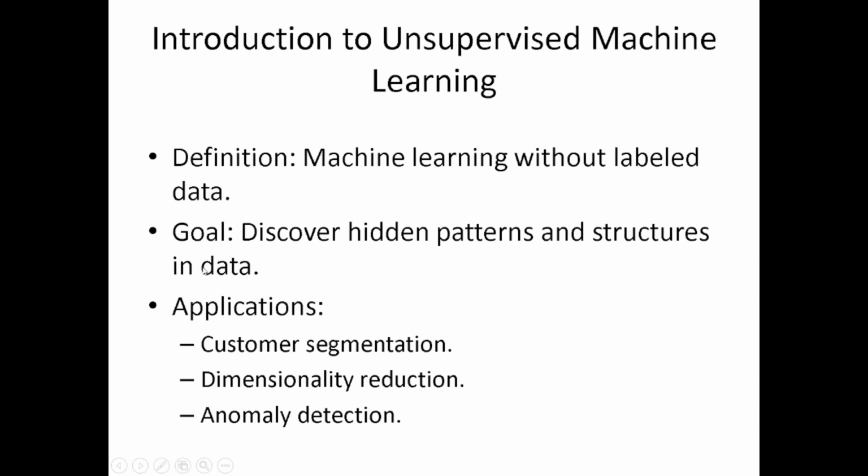Some practical applications include customer segmentation, dimensional reduction, and anomaly detection. For instance, clustering helps businesses group customers based on behavior, while anomaly detection identifies unusual activities in systems like fraud detection.